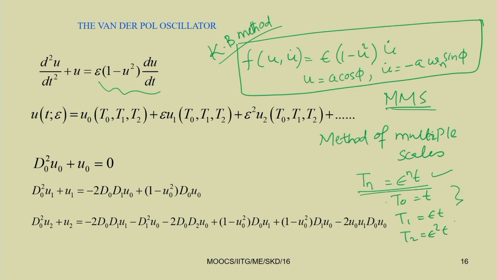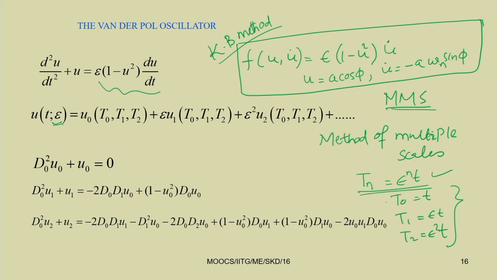These are the different time scales we have taken. Similarly, here u is assumed to be a function of t and the epsilon parameter, the bookkeeping parameter.